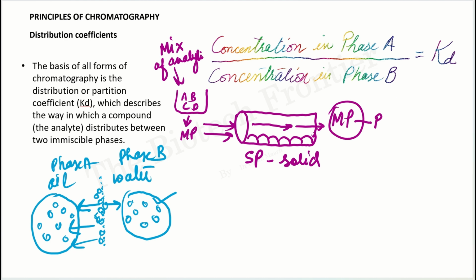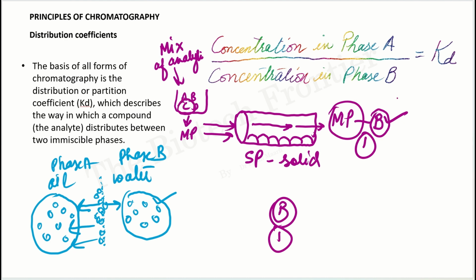Suppose analyte B has more affinity for the mobile phase than the stationary phase. Then whenever the mobile phase comes out of the column, analyte B will come along with it. The analyte that comes out of the column is analyte B.